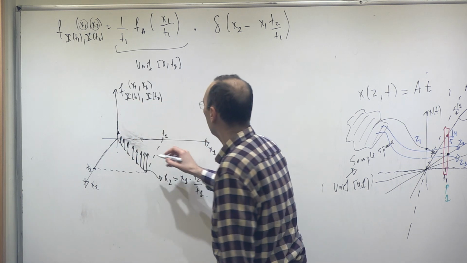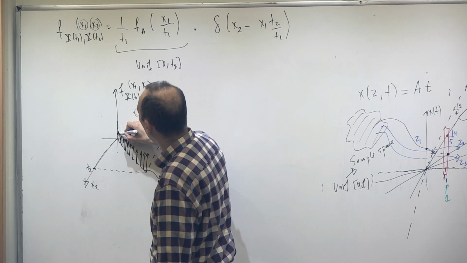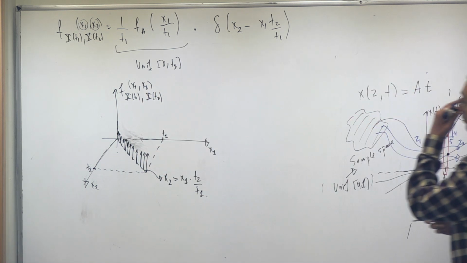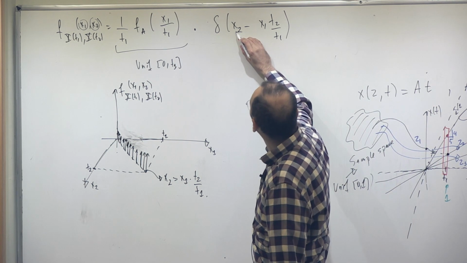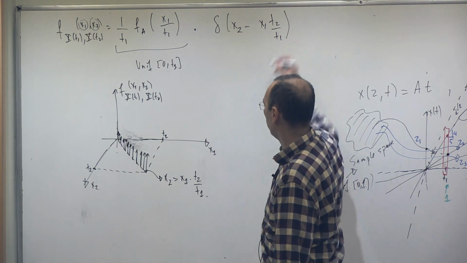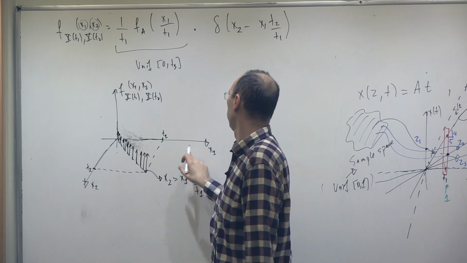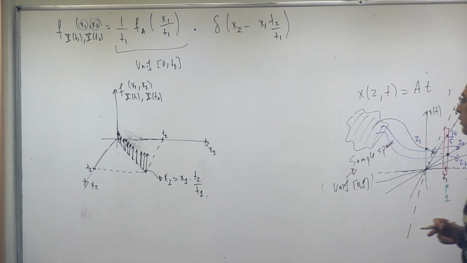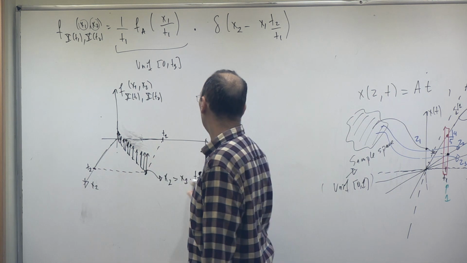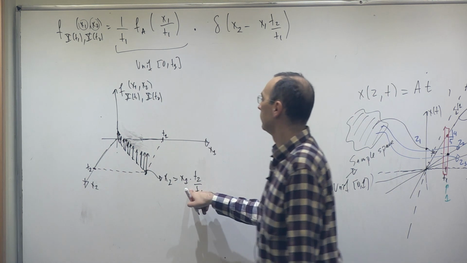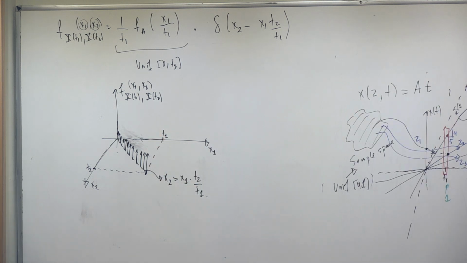So on this line, I have non-zero probability density function values. Otherwise, it's all 0. Do you see this drawing? So when x2 is equal to x1 times t2 over t1, this is the line on this x1, x2 plane. This point is the t1, t2 point. So this is an allowable point. All other points are zero.